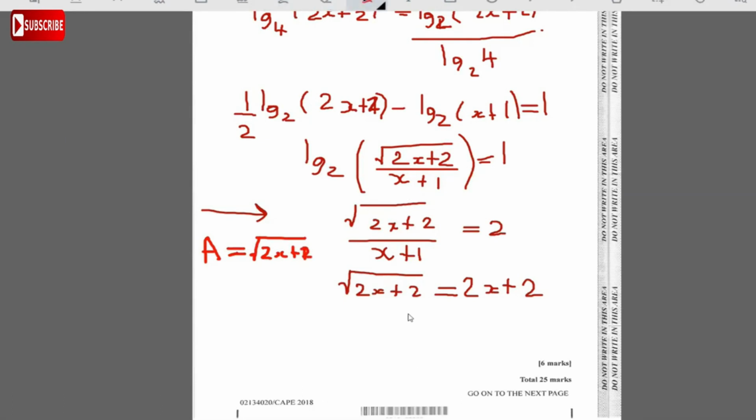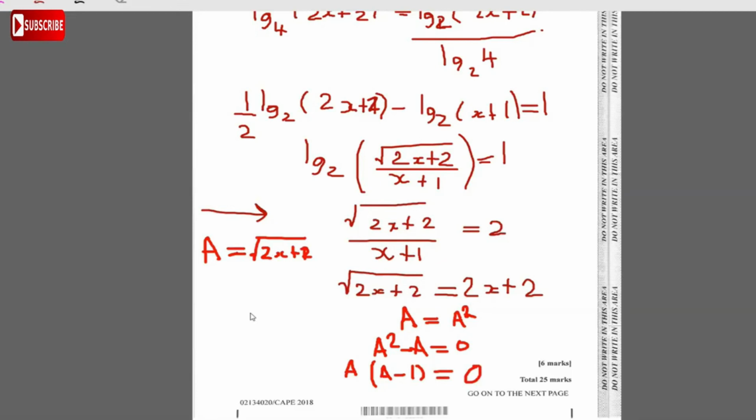Then you're solving a is equal to a squared. Carrying this over, you're solving a squared minus a is equal to 0. If a squared minus a is equal to 0, you factor out a, and you get a equals 0 or a minus 1 is equal to 0. But then what was a? A was the square root of 2x plus 2.